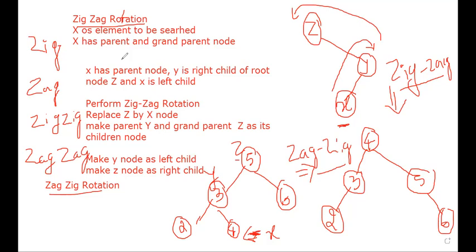The zig rotation, zag rotation, zigzag rotation, zag zig rotation, and finally the zag zag rotation. These are the rotations to be followed. With these notations, let us take an example and see how we can apply these rotations for searching an element.